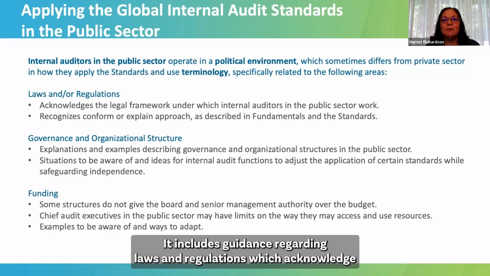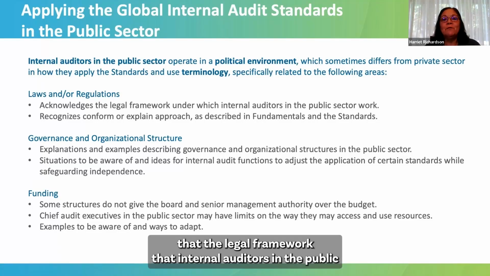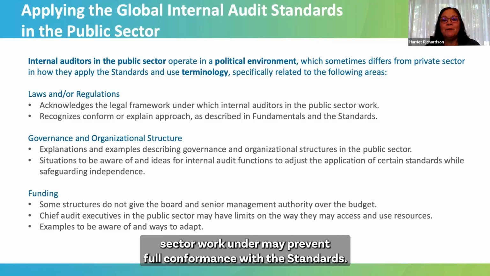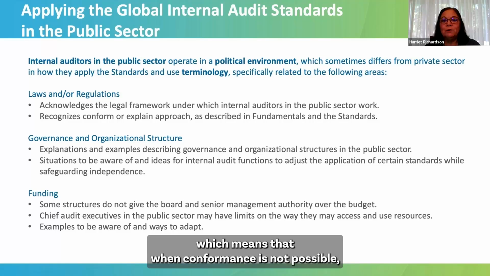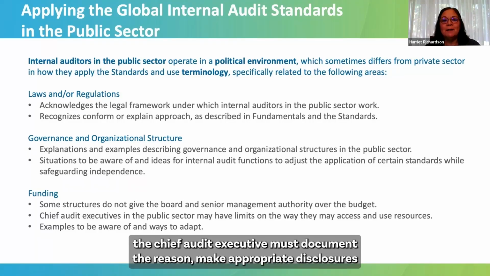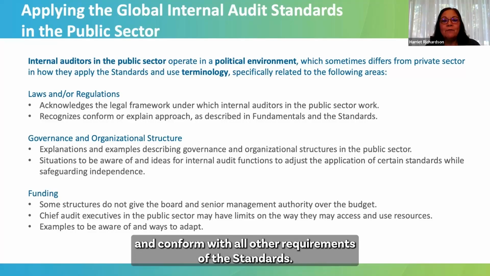It includes guidance regarding laws and regulations, which acknowledge that the legal framework that internal auditors in the public sector work under may prevent full conformance with the standards. This guidance recognizes the conform or explain approach, which means that when conformance is not possible, the chief audit executive must document the reason, make appropriate disclosures, and conform with all other requirements of the standards.